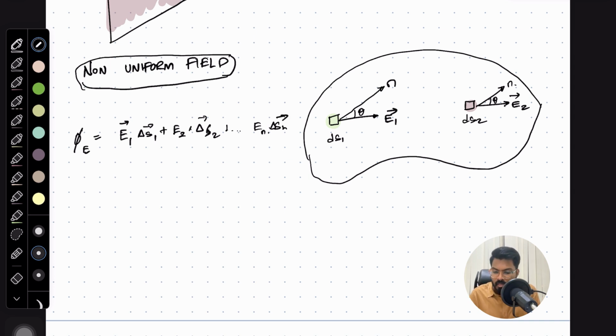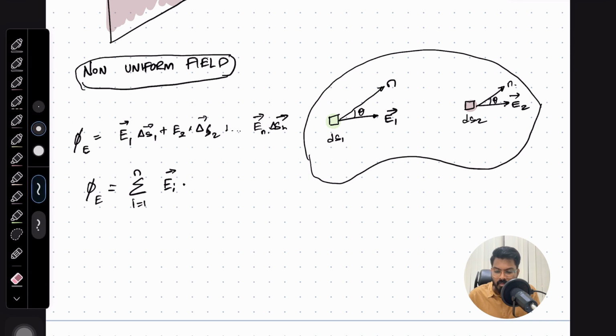If we express this as a summation, it is the summation from i equals 1 to n of Ei vector dot delta Si vector.